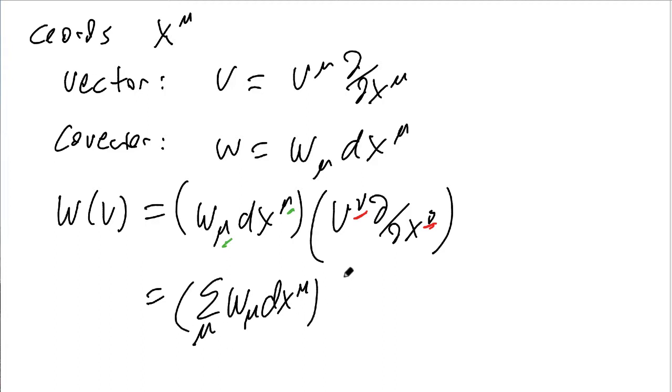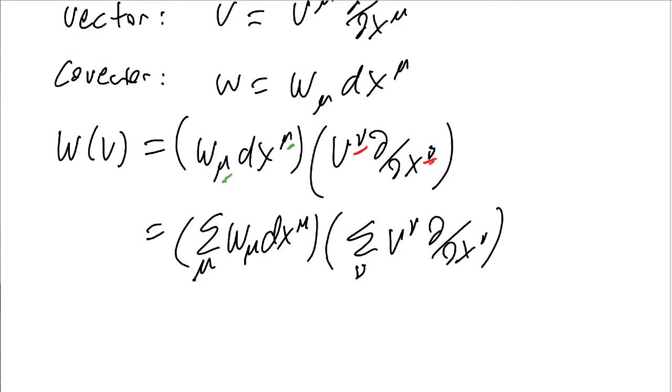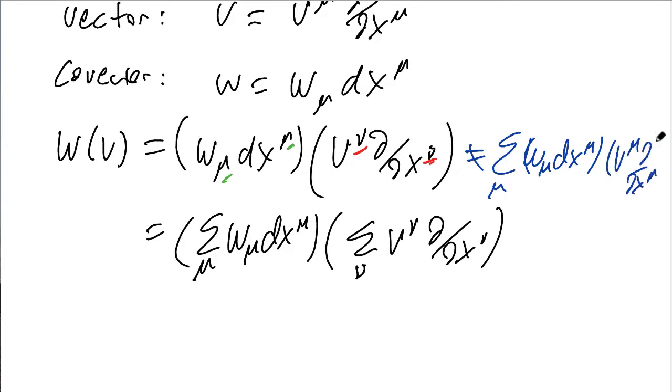That covector acts on this vector, the sum over nu, v nu, d by dx nu. So, in particular, this is not equal to the sum over mu of w mu dx mu acting on v mu d by dx mu.